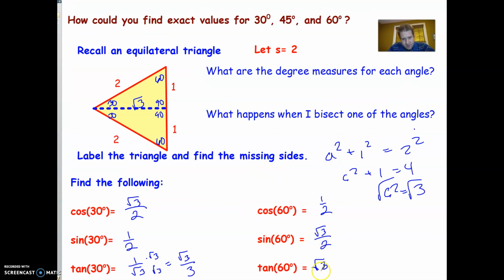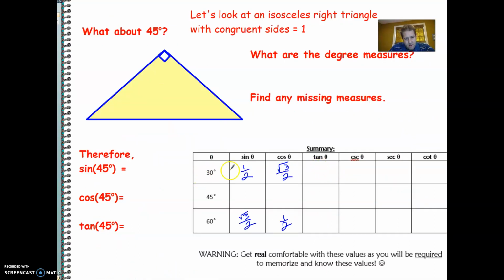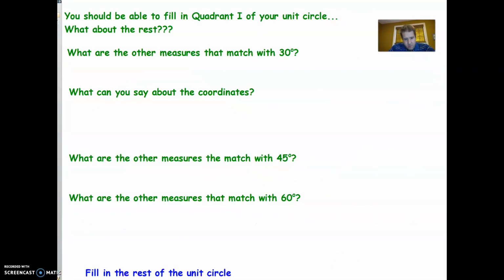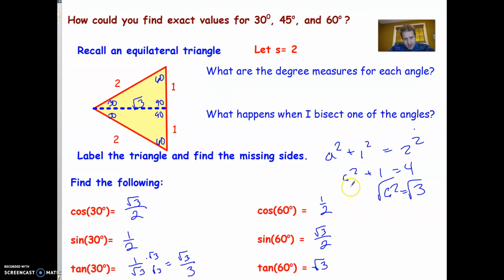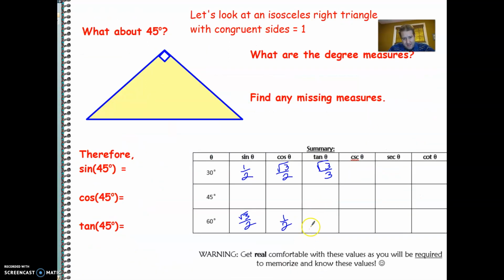Then we have tangent of 30 is square root of 3 over 3. And if you do that backwards, we also got square root of 3 for tangent of 60. And you can say this is over 1.